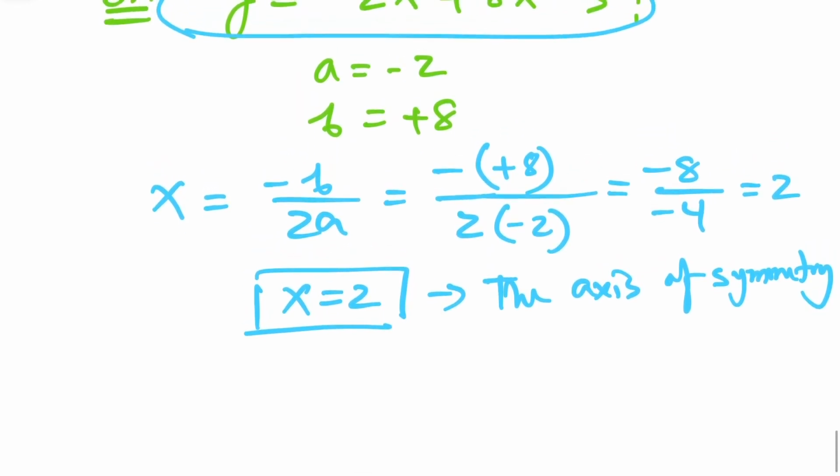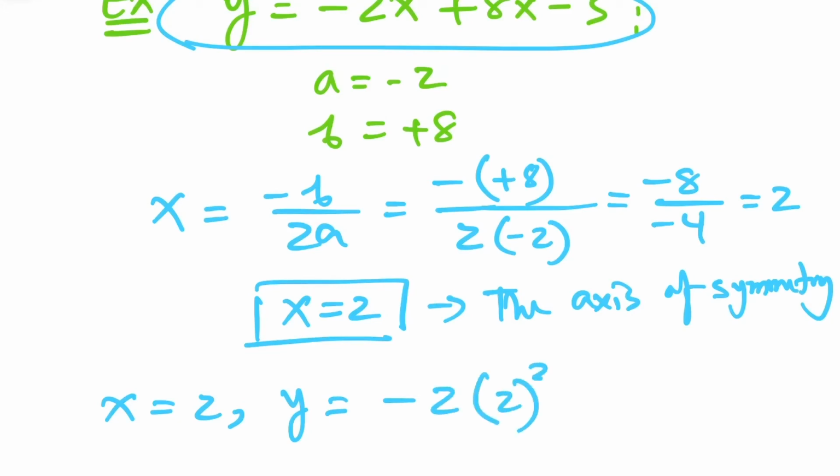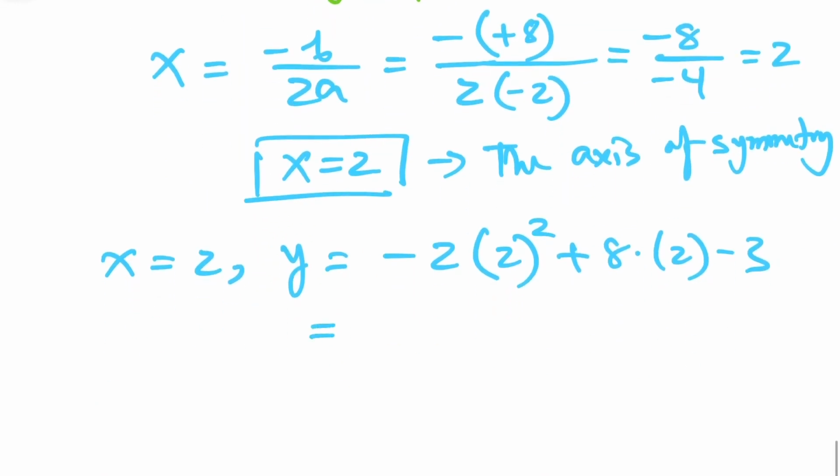Since the axis of symmetry goes through the vertex, that basically means we already have the x value. The only thing that we need is the y value. How can we find the y value? Well, if x is equal to 2, our y is going to be equal to negative 2 times 2 squared plus 8 times 2 minus 3.